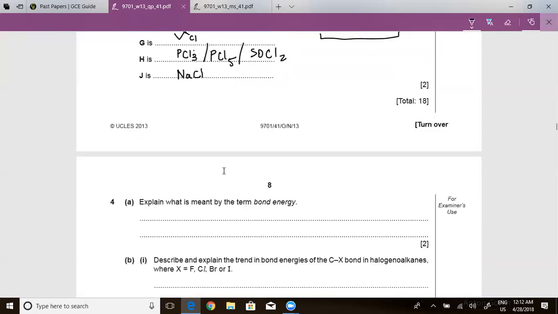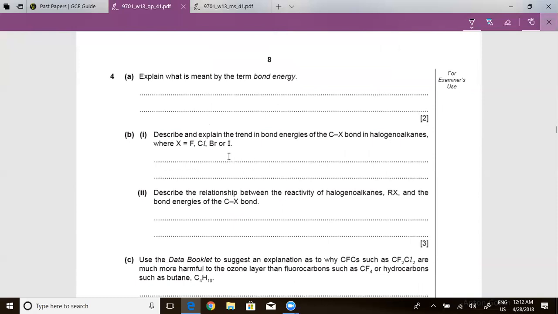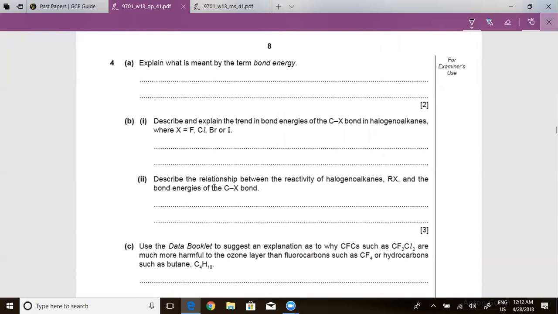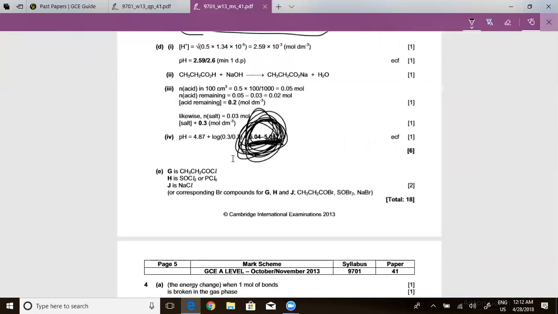Explain what is meant by the term bond energy. That's the amount of energy you need to break the bond. Is it to break the bond or is it energy used to make the bond? Yeah, the energy absorbed to break the bond.